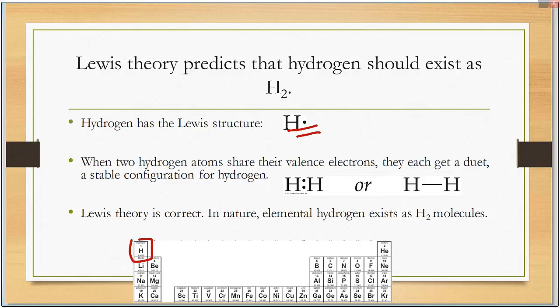When 2 hydrogen atoms share the valence electrons, they each get a duet, a stable electron configuration for hydrogen. Both of those electrons are shared, so therefore both hydrogens have those 2 electrons. And then that can be represented as a line. Lewis theory is correct. In nature, elemental hydrogen exists as an H2 molecule.